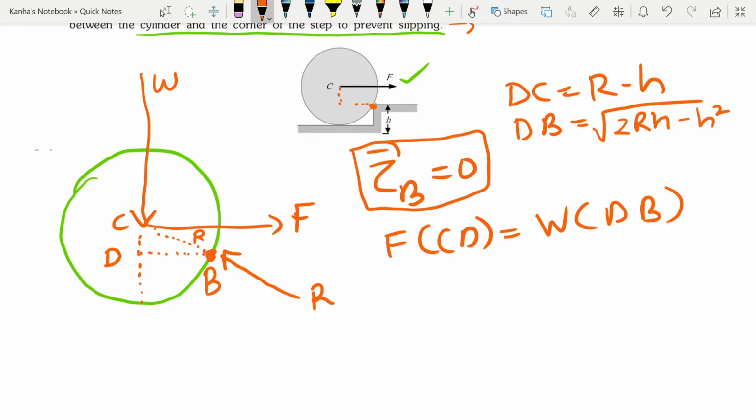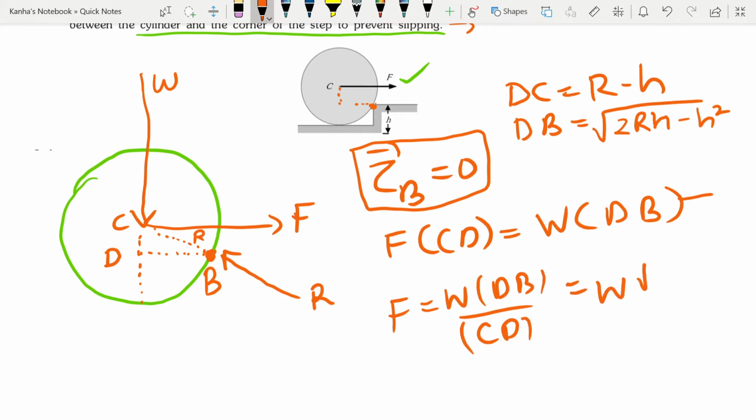If I just solve this equation now, I can easily write F is equal to W times dB by CD, which is nothing but W times root 2Rh minus h square divided by R minus h. So you're done with this question.